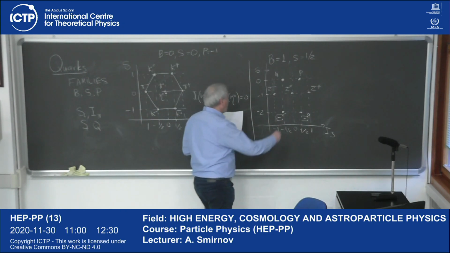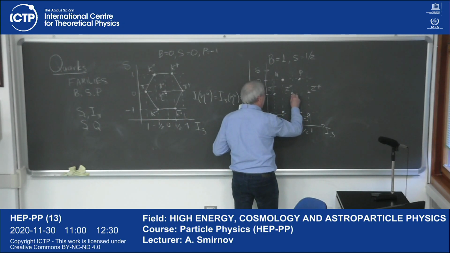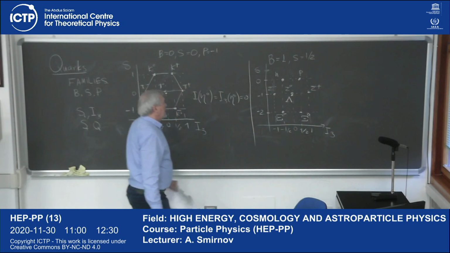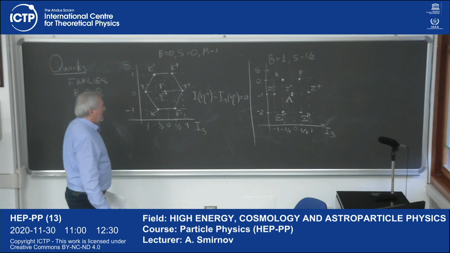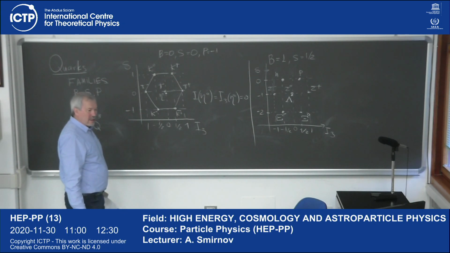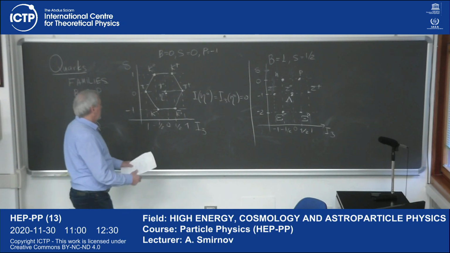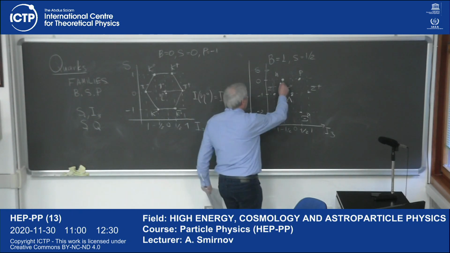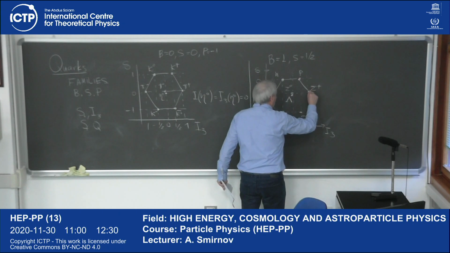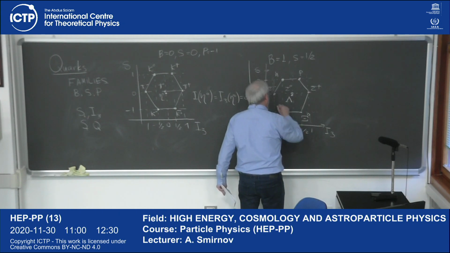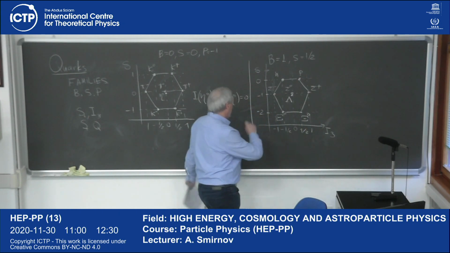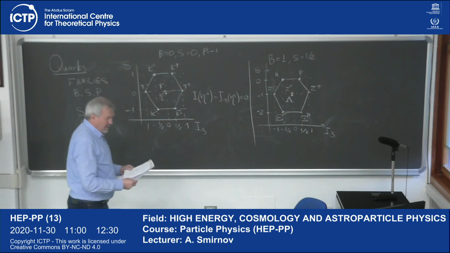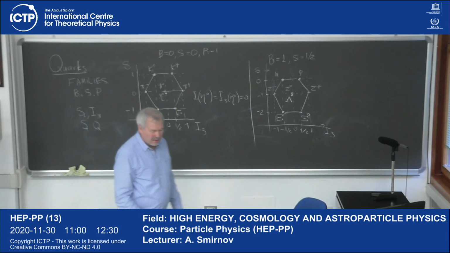And finally, the 8th component is a lambda hyperon, which has -1 strangeness, and it has 0 isospin, both total and the 3rd component, which is an analogy of this eta 0. And again, we can connect everything in this nice way. And we have again 8 components of these baryons.